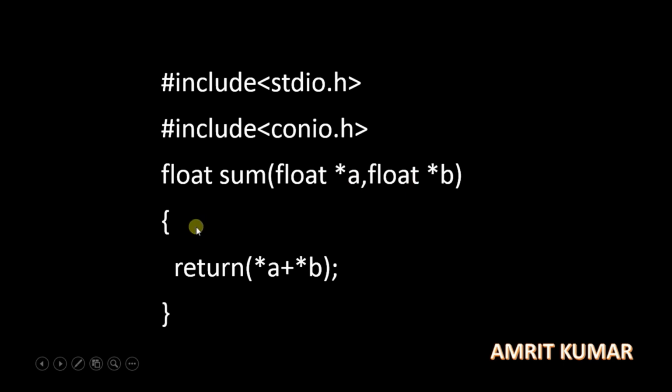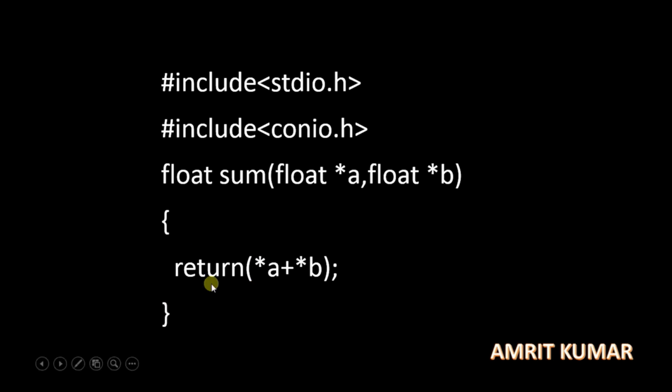After that, I have opened this function and I am using the return statement, which returns a value to where it is called. So it returns its value to its calling function.